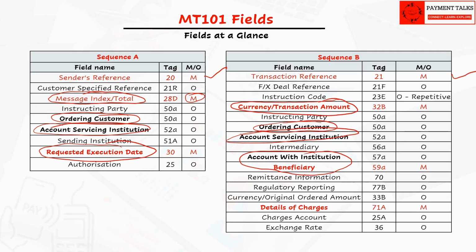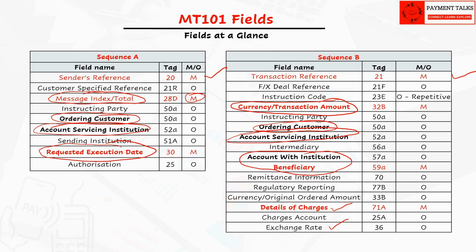Then, based on the transaction scenario like cross-border payments, the message may need fields like details of charges and exchange rate, which are at transaction level. These things are the bare minimum to be remembered for the entire MT101 needed for any scenario. That's all. That should be your primary focus when learning MT101.